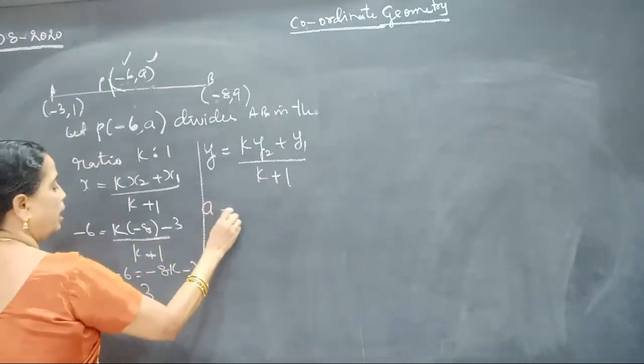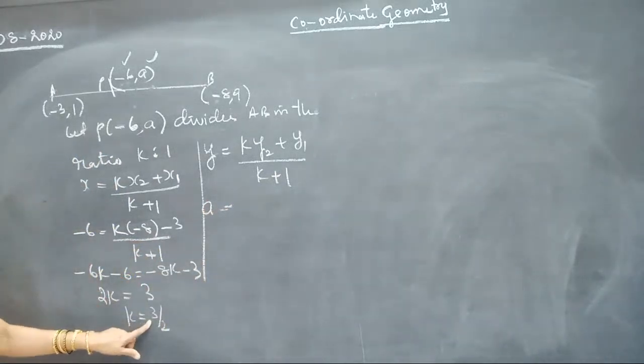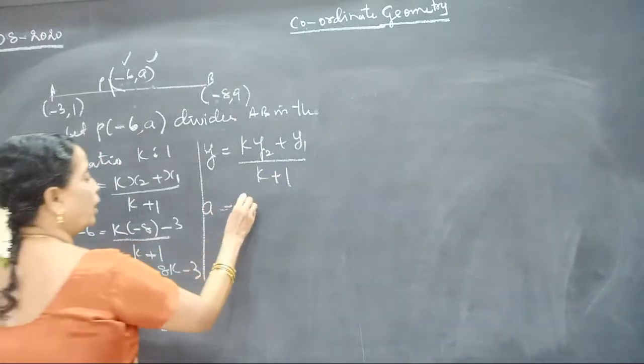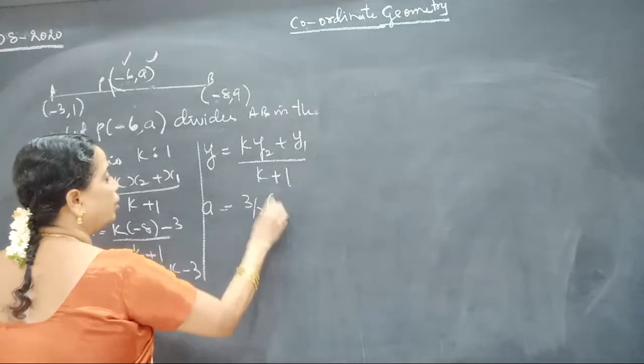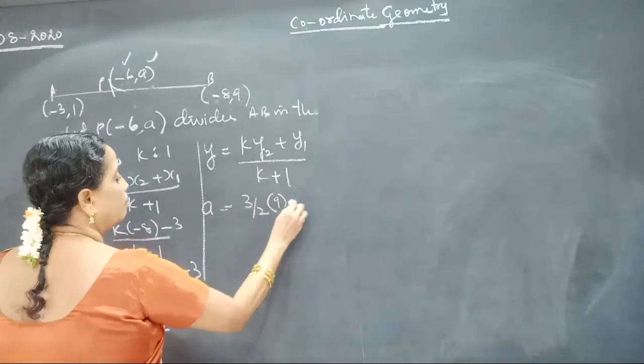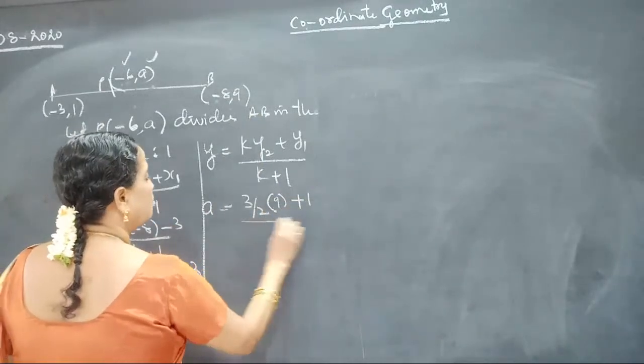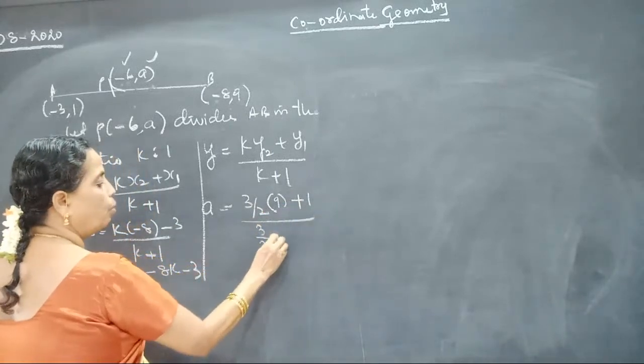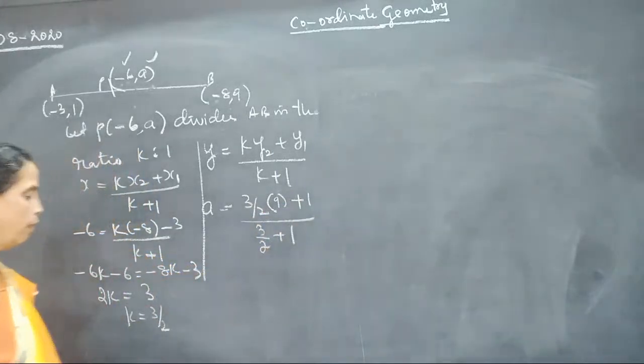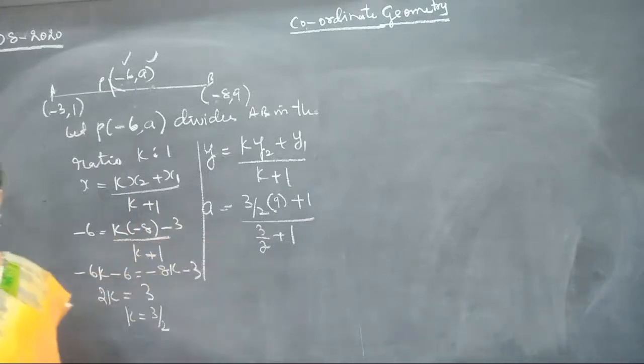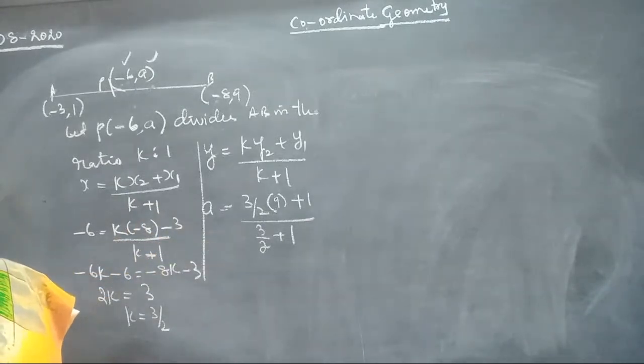That is A equals, where k is 3 by 2, you write 3 by 2 into 9 plus 1 by 3 by 2 plus 1. Wherever you have k, substitute the 3 by 2 value.